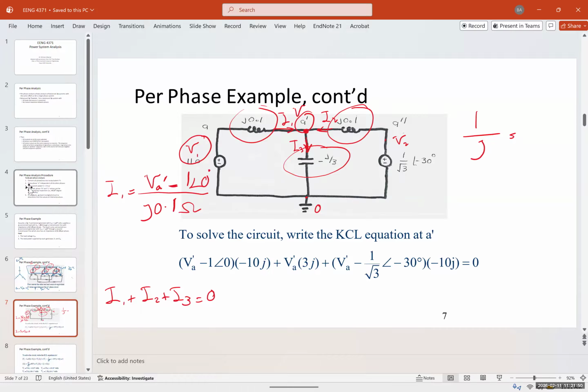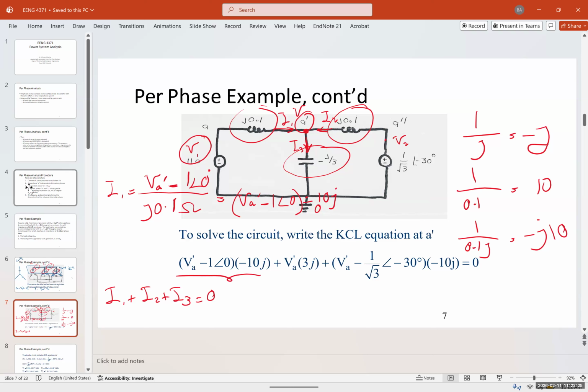Do you remember from complex numbers? What is 1 over J equal to? It's going to be negative J. 1 over J is negative J. Yes? What is 1 over 0.1? 10. So 1 over J0.1 is going to be negative J10. So this would be equal to VA prime minus 1 with the degree of 0, times negative J10, which is this part.